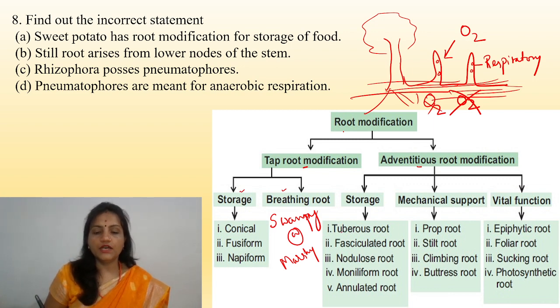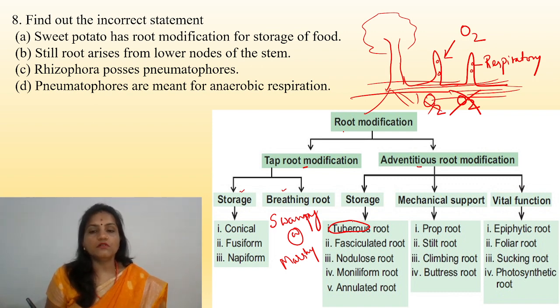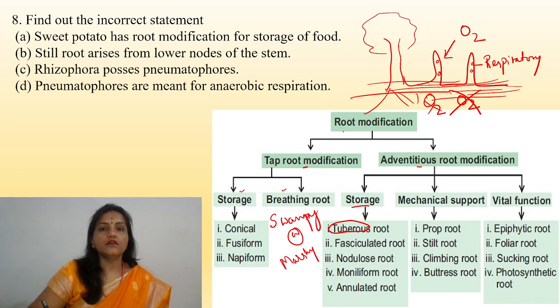Sweet potato has tuberous roots. One more question that could be framed from the same option: sweet potato is an example for the modification of adventitious root. So it is for the purpose of storage. So this is correct. Again, this is a time consuming question.